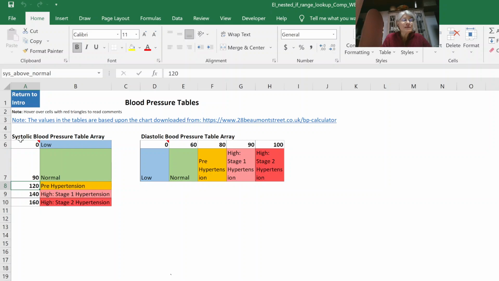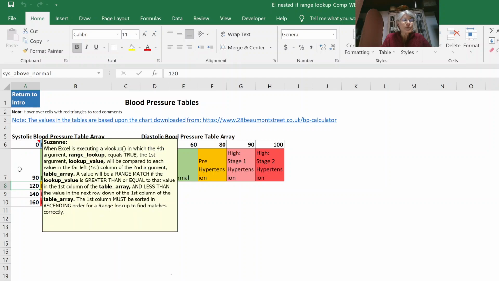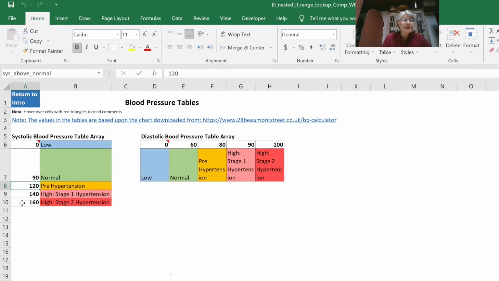And we see that this systolic table array is vertically organized. The lowest range in the top left corner and the highest range in the bottom left corner.